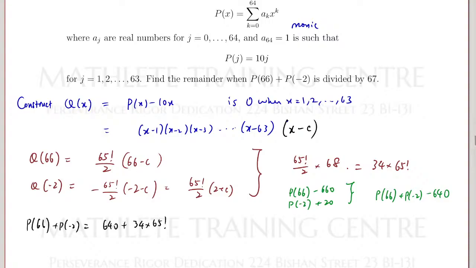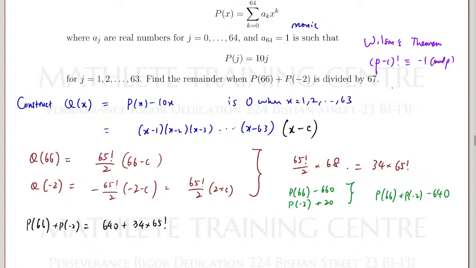And finally, we need to find our remainder when divided by our favorite number. So here we can use Wilson's theorem. Wilson's theorem says that for prime numbers p, p minus 1 factorial is congruent to negative 1 mod p. Now immediately, this tells you something. An immediate consequence of Wilson's theorem is that as long as p is not equal to 3, wait, no, it even works for p equals 3.